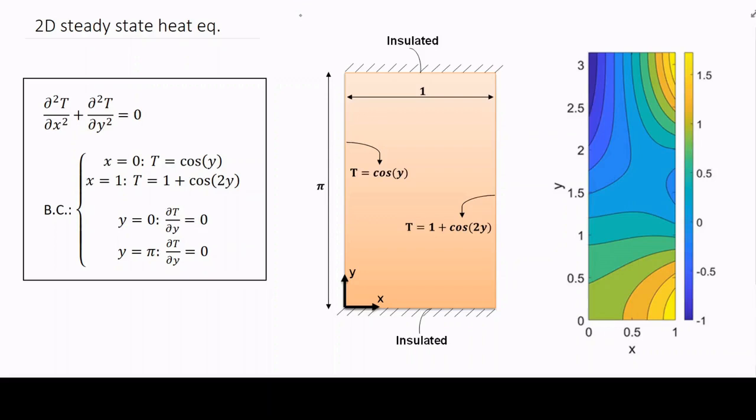Another type of PDE that you will learn to solve in this course is the Laplace's equation. And it turns out that the Laplace's equation can describe the steady state heat conduction problem.